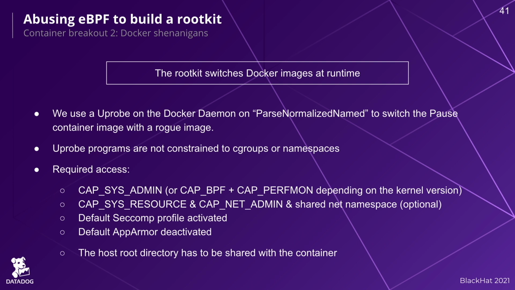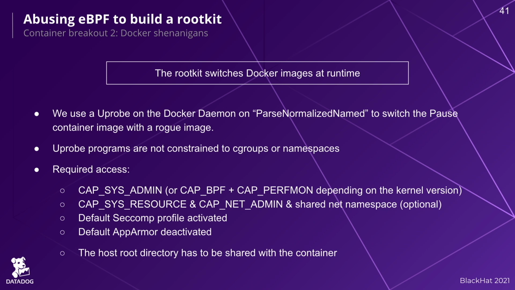Once again, this uprobe-based container breakout works because uprobes are not constrained to namespaces or cgroups. More precisely, as long as you have access to the file that you want to put a uprobe on, the kernel will add the uprobe to all the processes that actually execute that file, regardless of where they live.